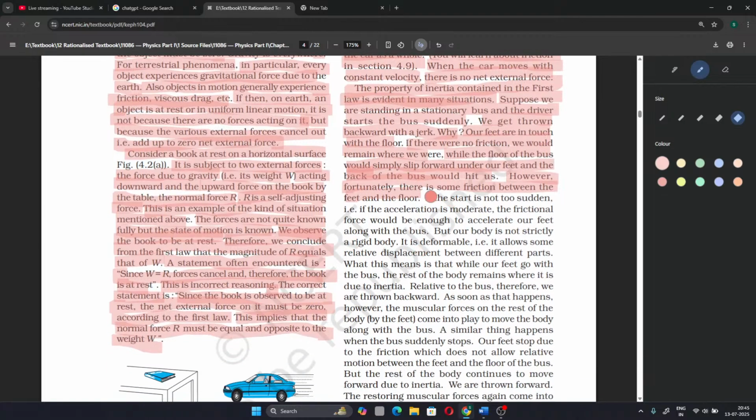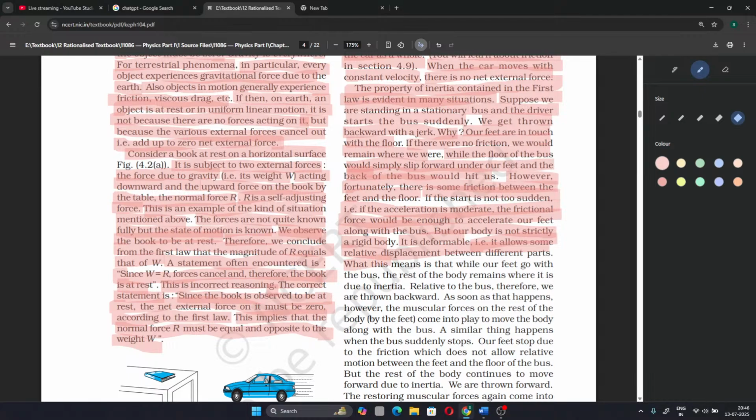If the start is not too sudden, that is, the acceleration is moderate, the frictional force will be enough to accelerate our feet along with the bus, but our body is not strictly a rigid body. It is deformable. That is, it allows some relative displacement between different parts. Basically, they are talking about our body's flexibility here.